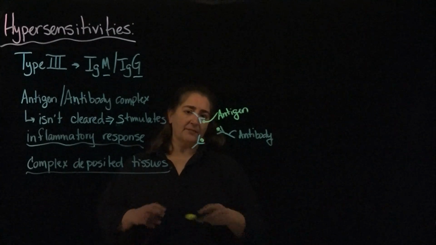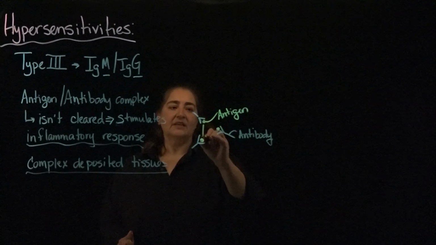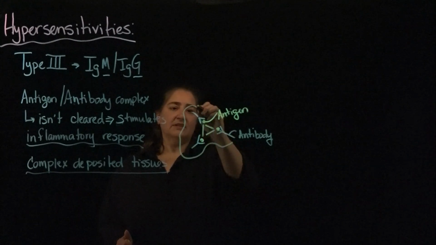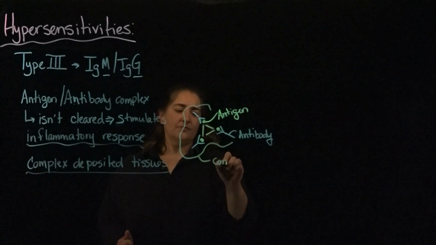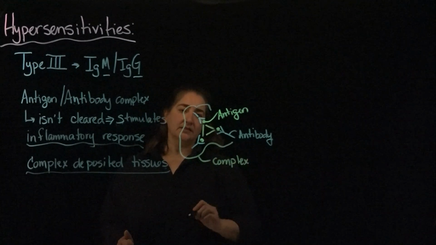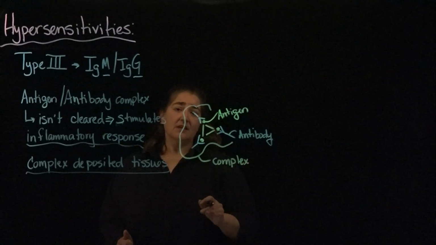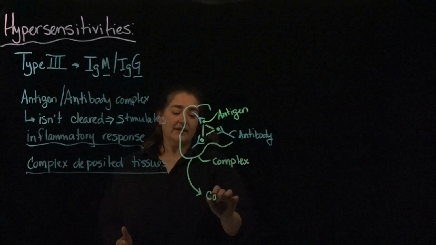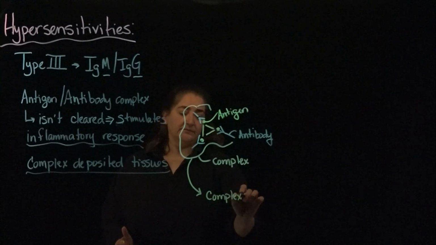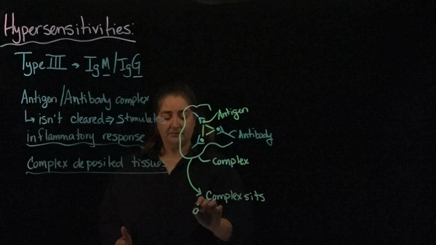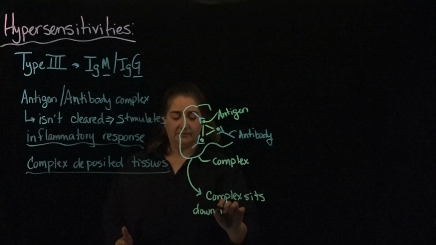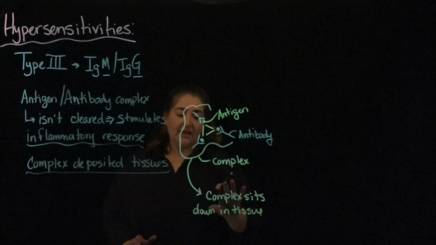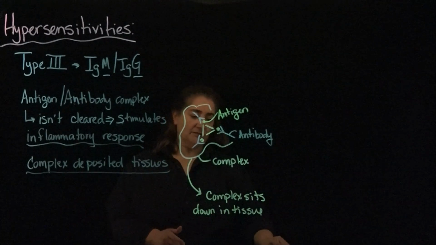What ends up happening is these all end up cross-linking to form a larger complex. Typically, this complex is circulating within the body. The complex then sits down in a tissue.